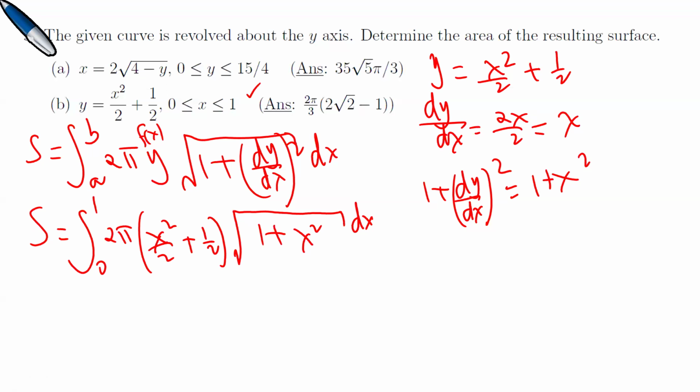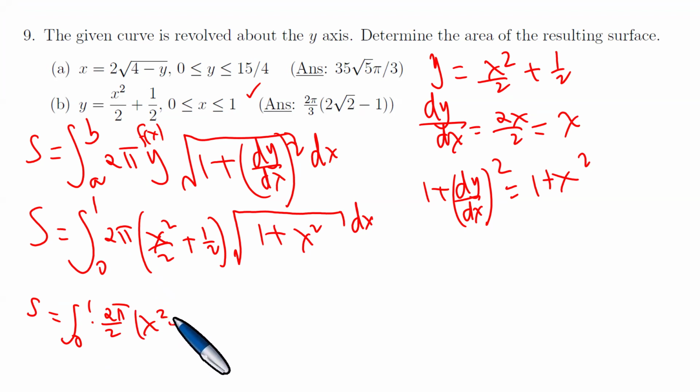There are many ways to do these questions, but there's clearly a 1/2. So you can write it as the integral from 0 to 1 of 2 pi out of 2, then x squared plus 1, then the square root of that, which you can write as x squared plus 1 to the 1/2, dx.